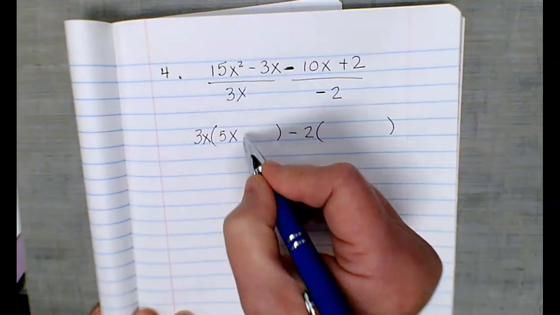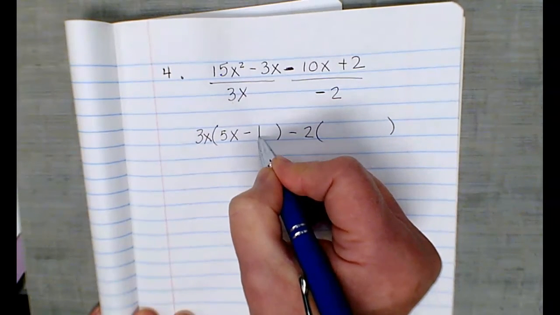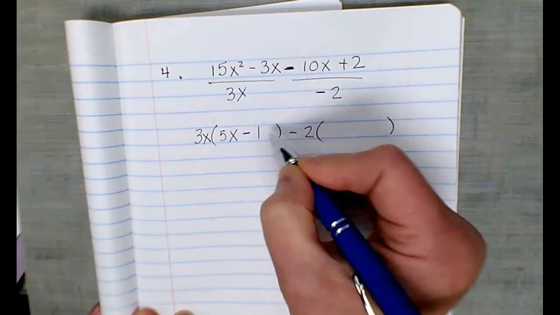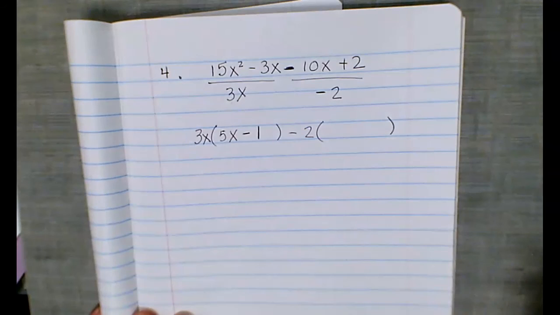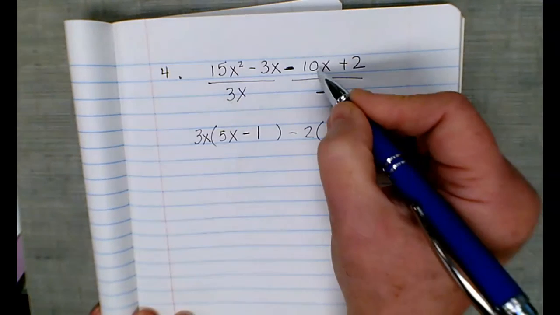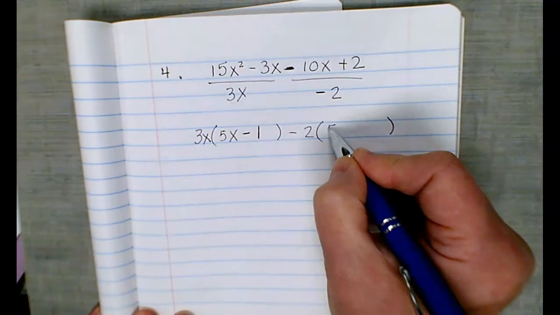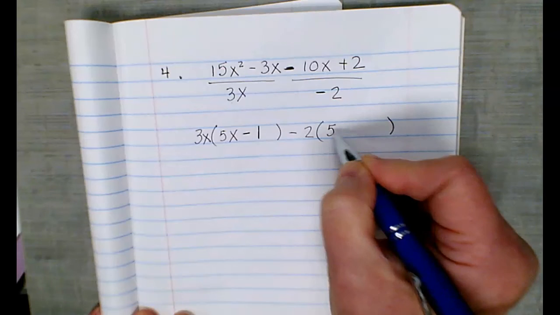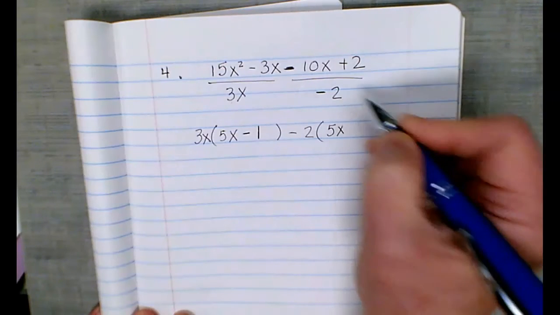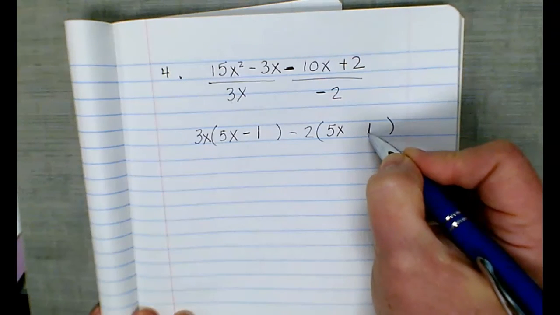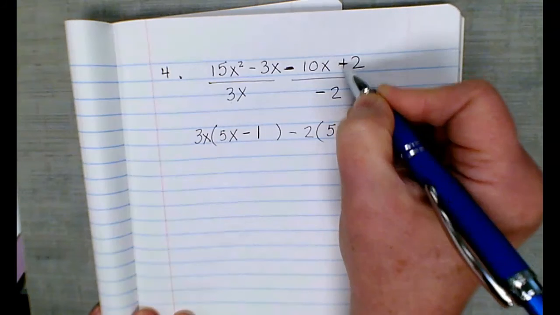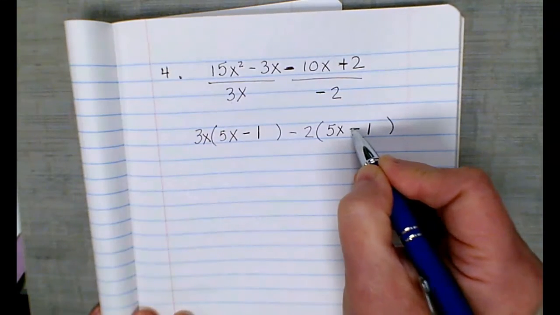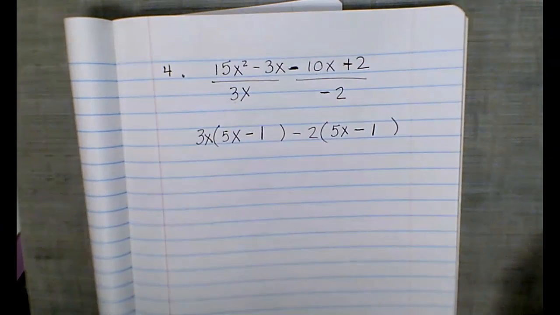What's 3 divided by 3? Nope. 3 divided by 3 is 1. X divided by x is 1. 10 divided by 2 is positive 5x. 2 divided by 2 is 1. Positive divided by a negative is a negative.